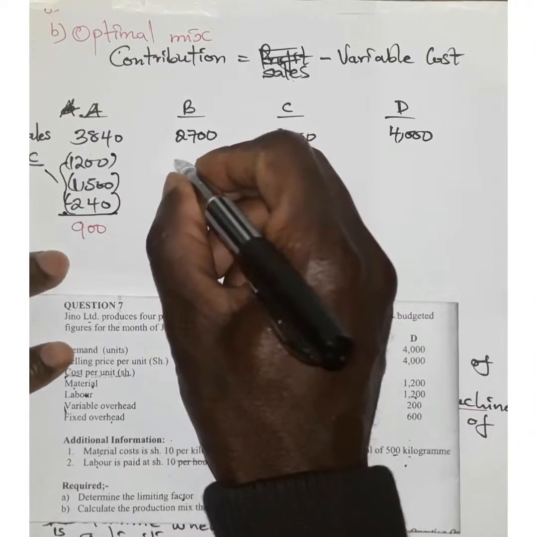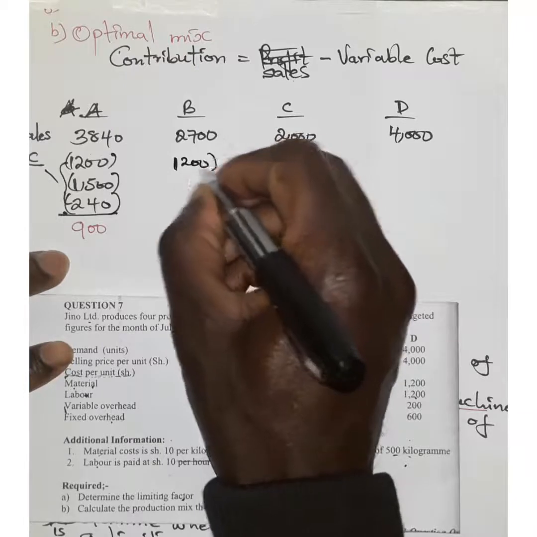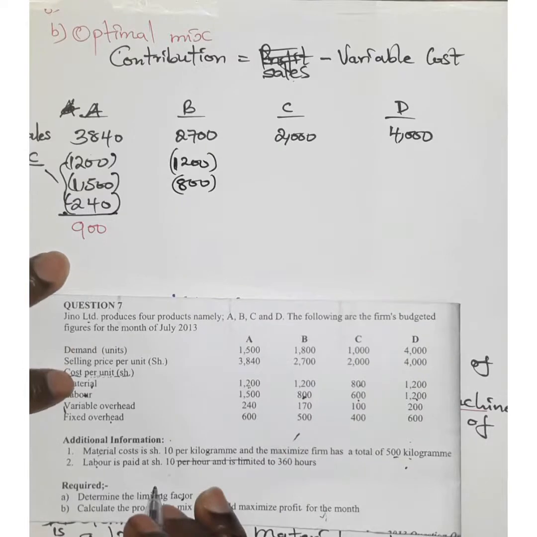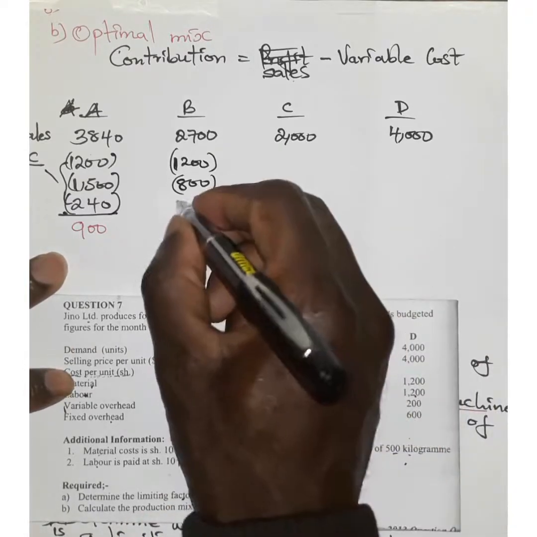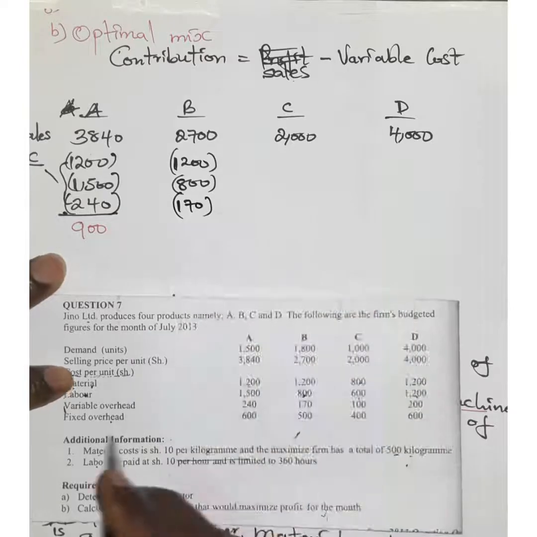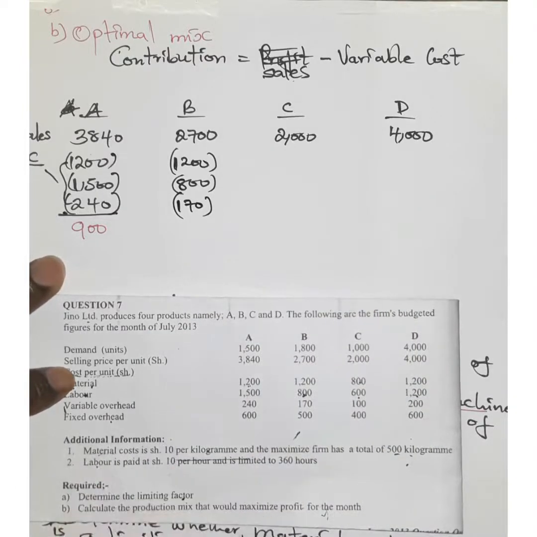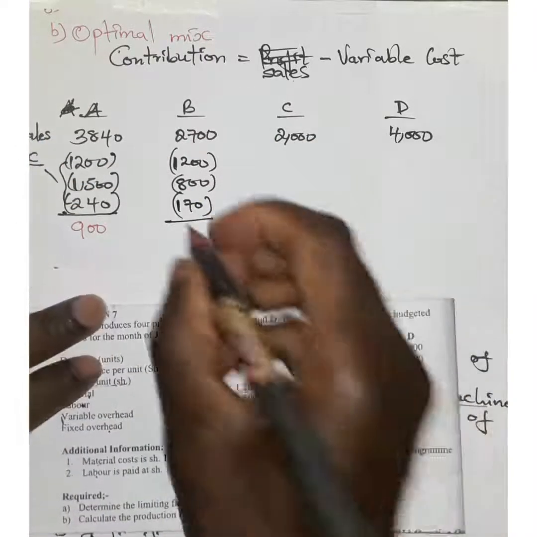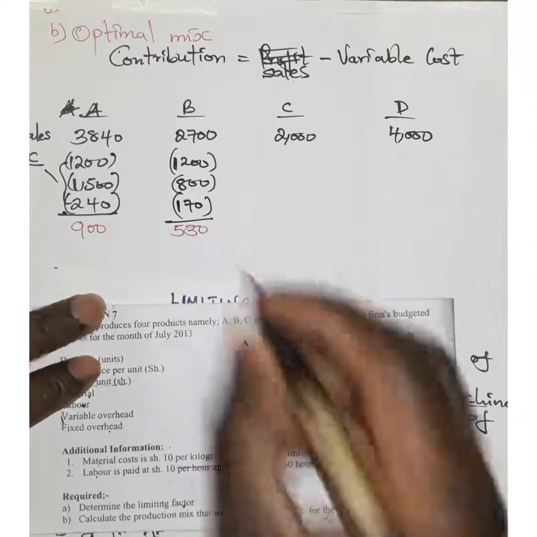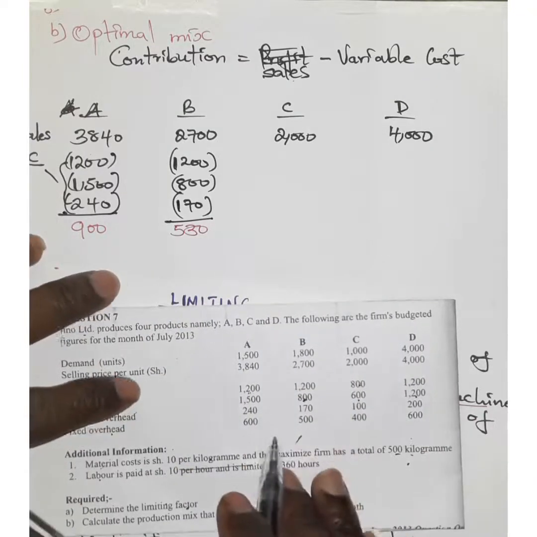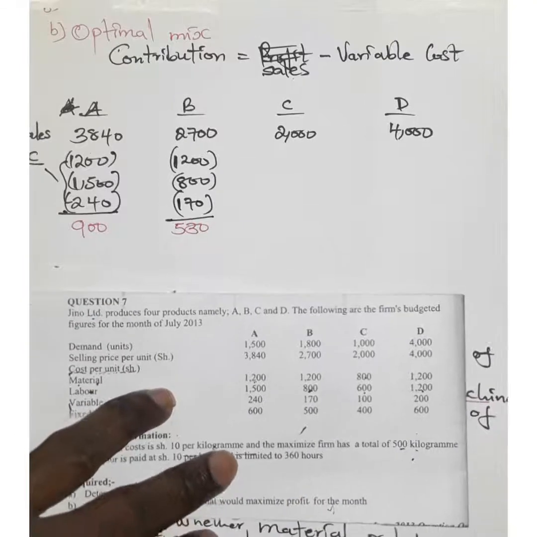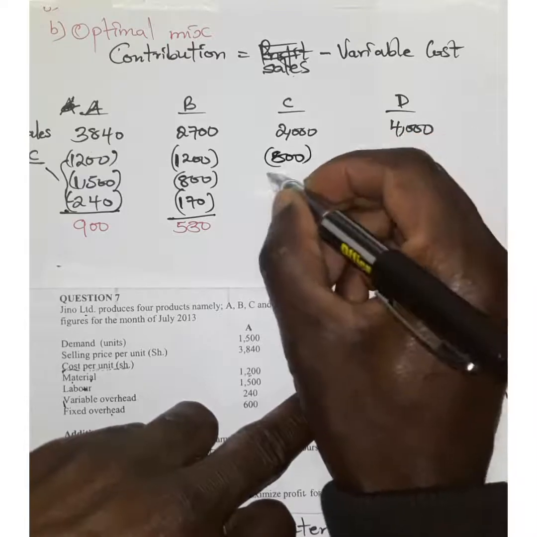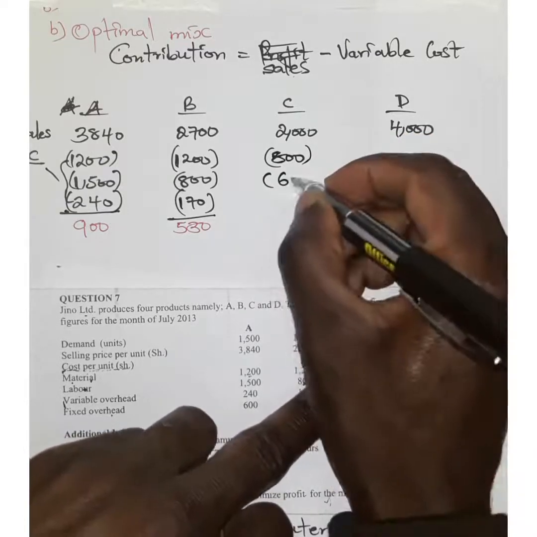Then for B, we shall have 12,870 for sales, 12,800 for material, labor, then we have 170. Remember, fixed cost does not form part of the variable cost, so we don't include it. So when we less this from that amount, we're supposed to get a value of 530. Then for C is 800. We less 600.